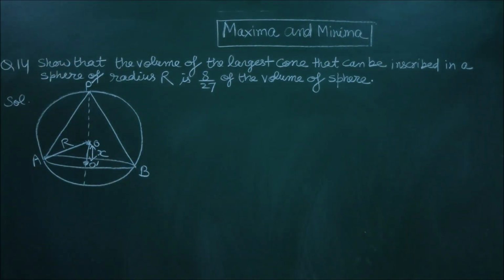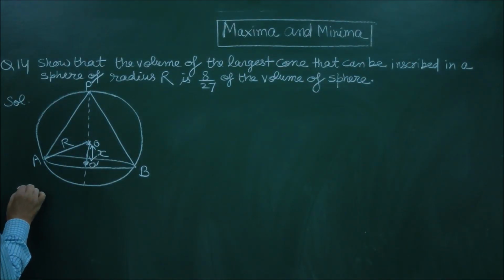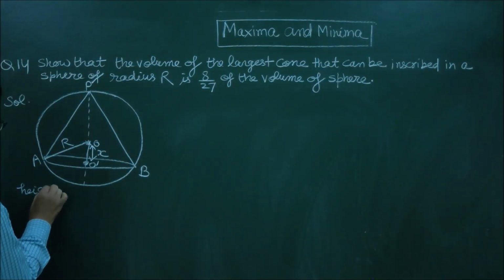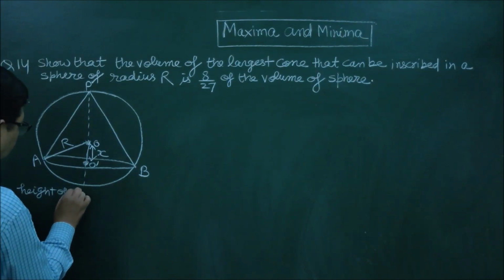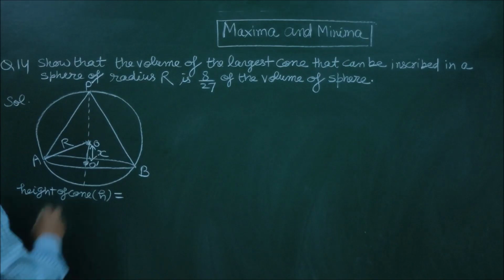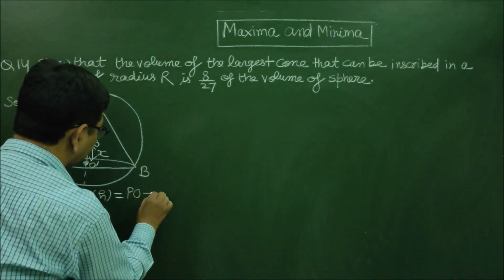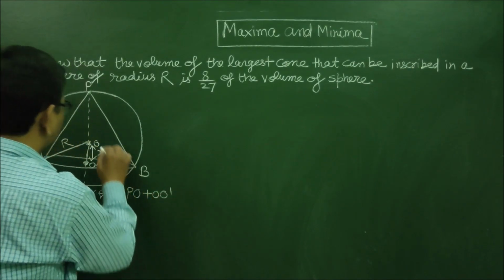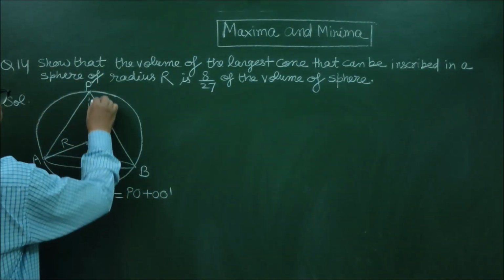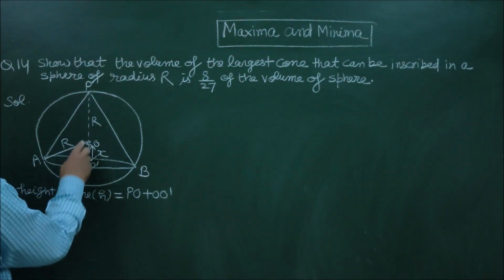So the height PO dash, height of cone H, is equal to PO plus OO dash, and this PO is also equal to the radius, the distance of the point P from the center.